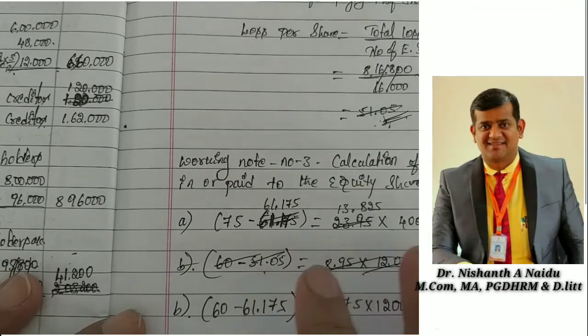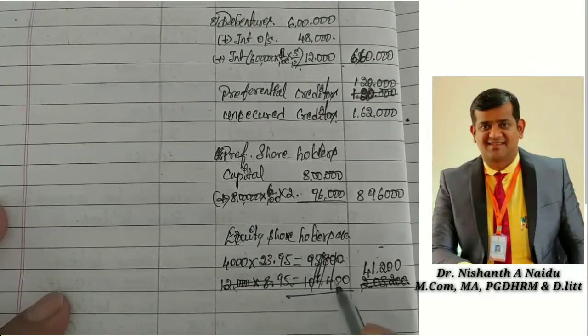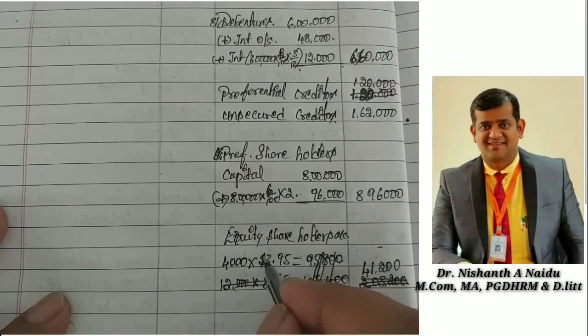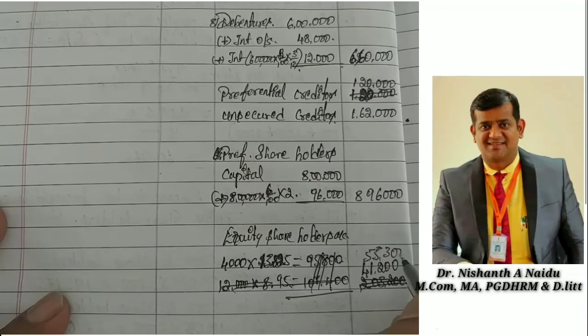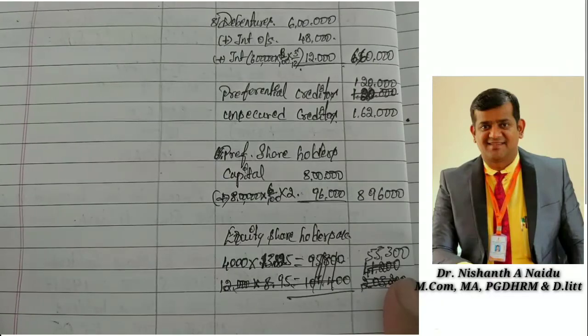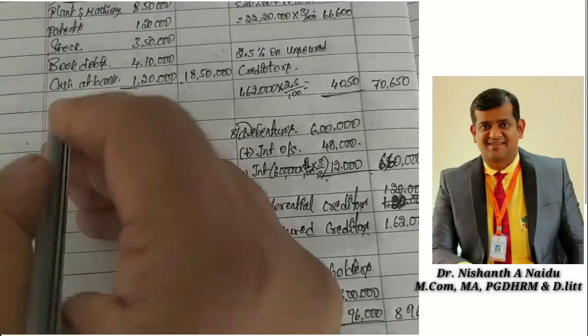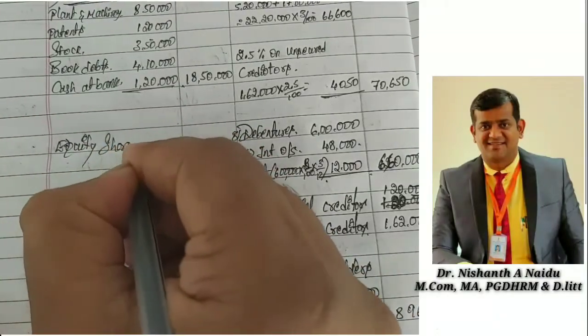So 55,300. For how many shares? 4,000 equity shareholders. For them we are paying 13.825. Calculate 4,000 into 13.825. That comes to 55,300. On the contrary, here we are going to write equity shareholders.